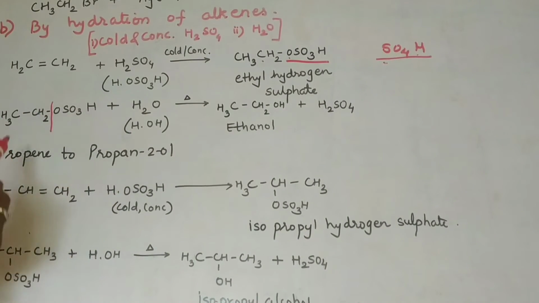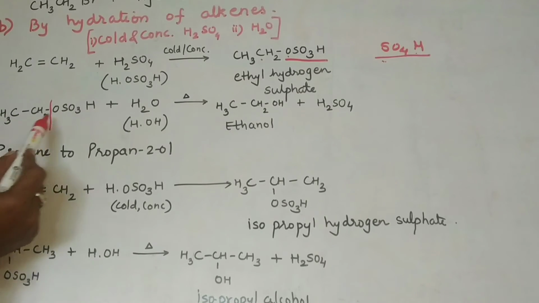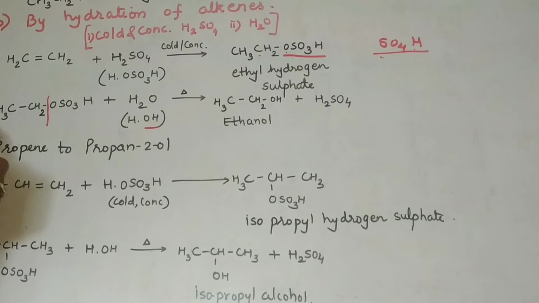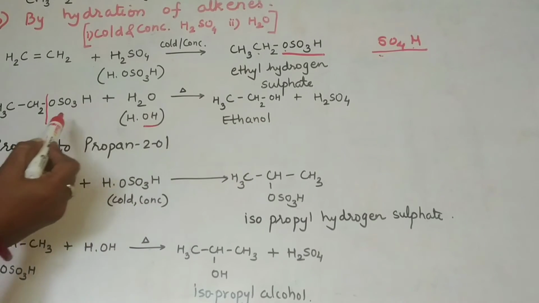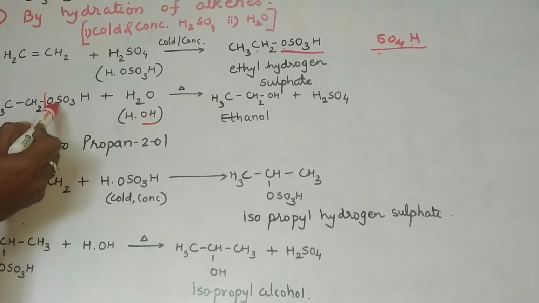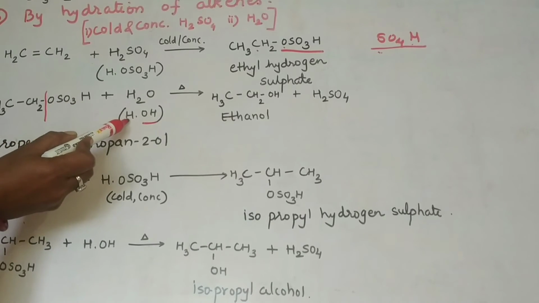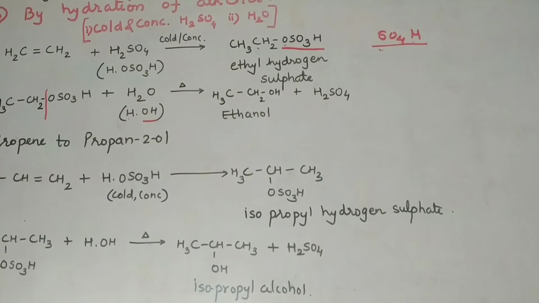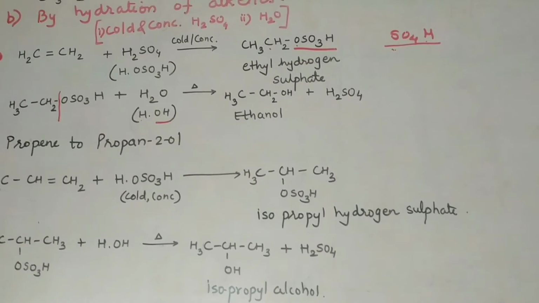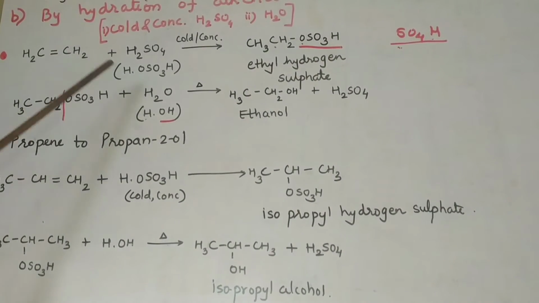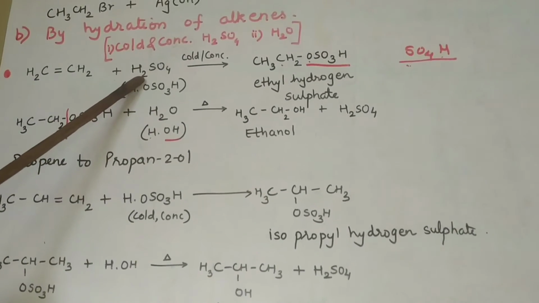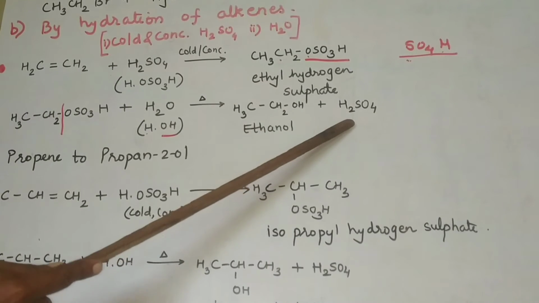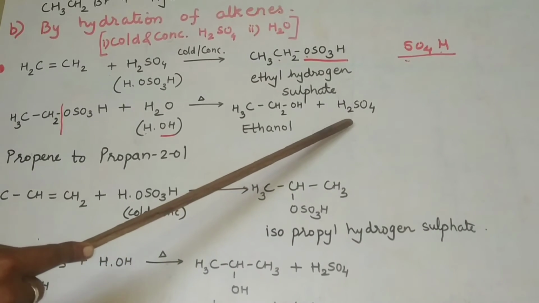CH3, CH2, OH gets attached to the alkyl group to form ethanol, and the remaining O, SO3H combines with H to form H2SO4 again. So what is the speciality of the reaction? Whatever was the starting substance that we used, that reagent you are getting back at the end of the reaction.